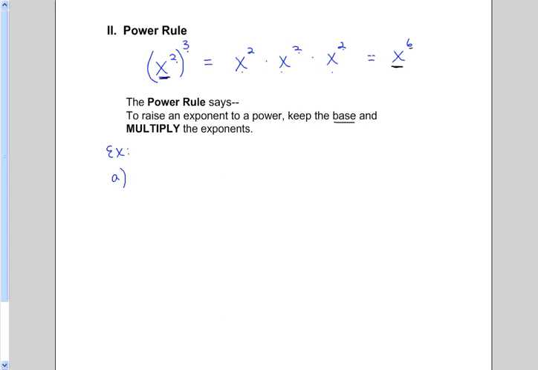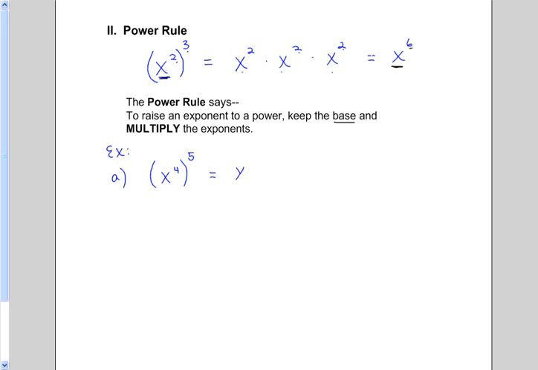Okay, so if we look at some examples, if I have x to the fourth in parentheses to the fifth power. Think about parentheses with the distributive property that we did earlier. If you have parentheses, we always say multiply, get rid of the parentheses. We'll stick to that same rule here. Multiply to get rid of these parentheses.